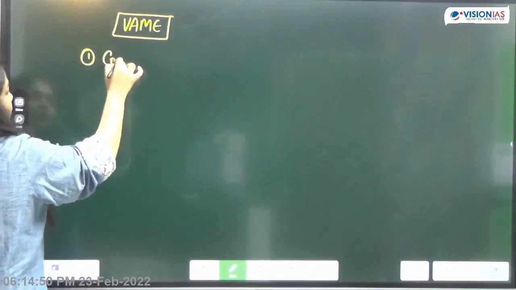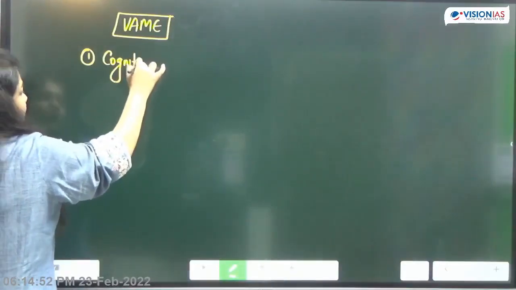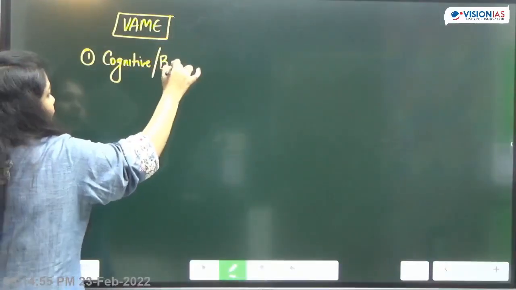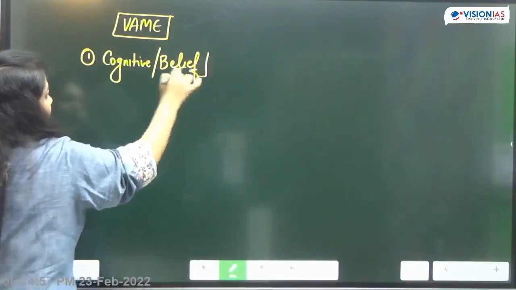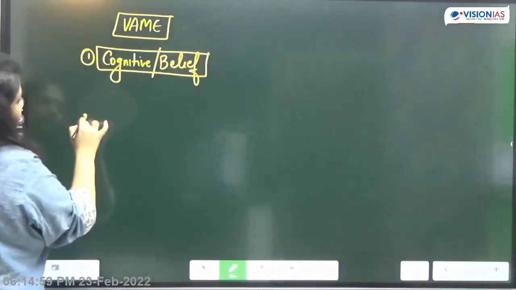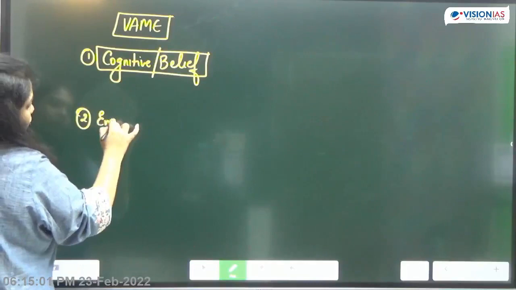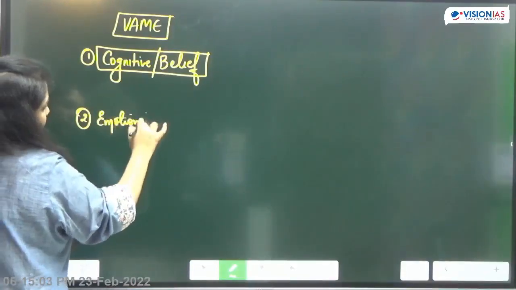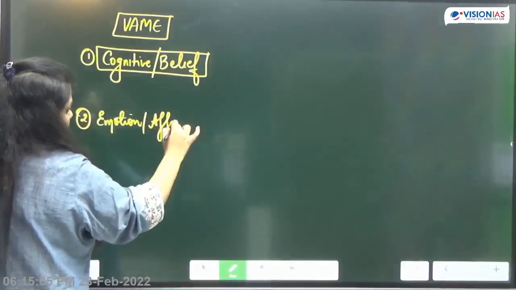First, cognitive or belief. Second, emotion or affection.